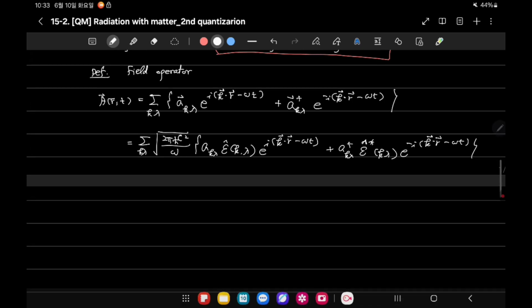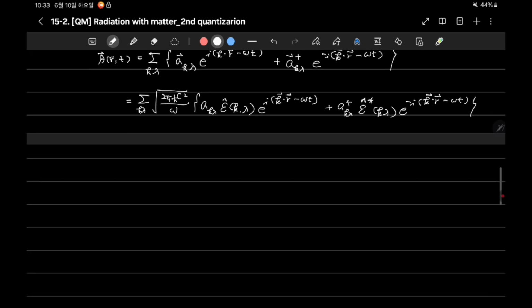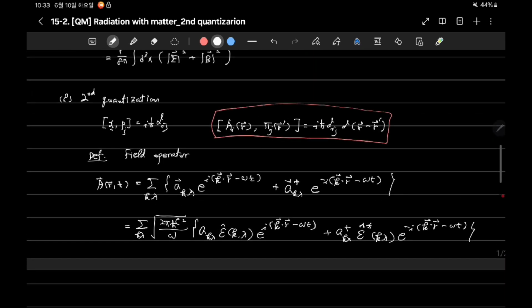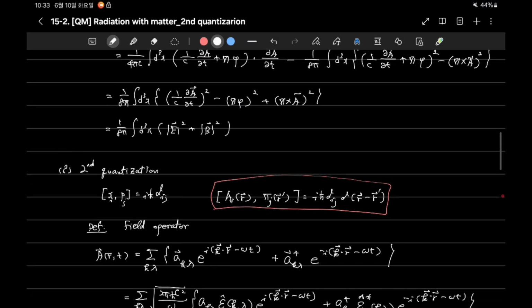And the Hamiltonian, from the above Hamiltonian, let's also make gradient phi equal to 0, and let's only consider the magnetic field.